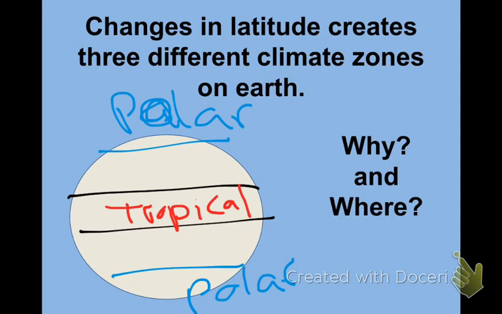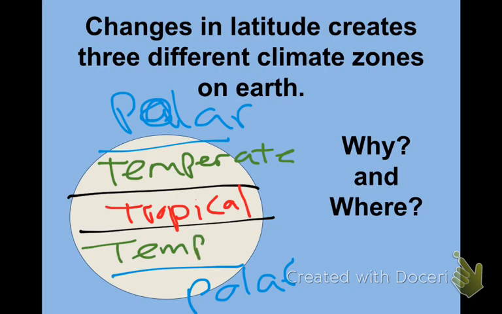And then in between that is what we call the temperate zone. So temperate. This is the temperate zone. This is the zone that's very moderate, and this is where we live. We live in the temperate zone. So the tropical zone is warm year-round. Temperate is going to have all 4 seasons, and then polar is going to be cold year-round.